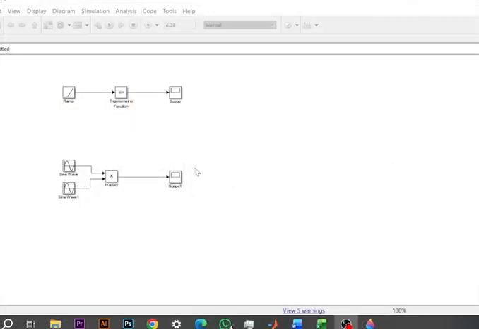So everyone, welcome to MATLAB Simulink. So we're going to be testing out that function for which we did the demonstration earlier.